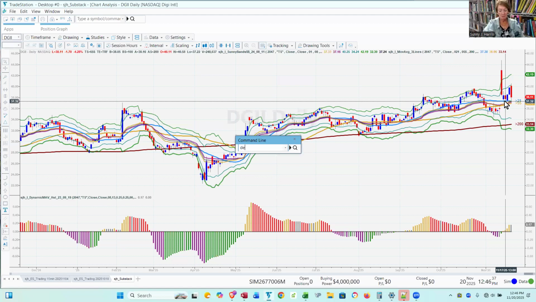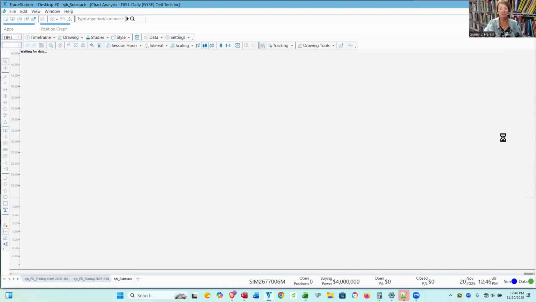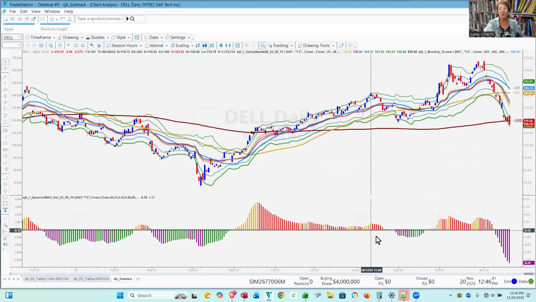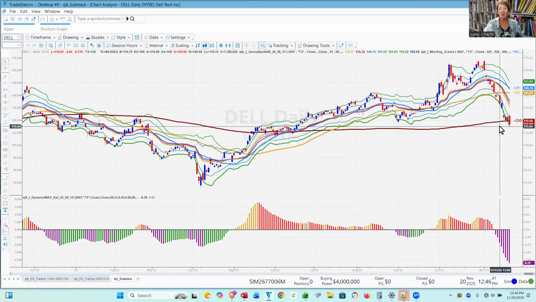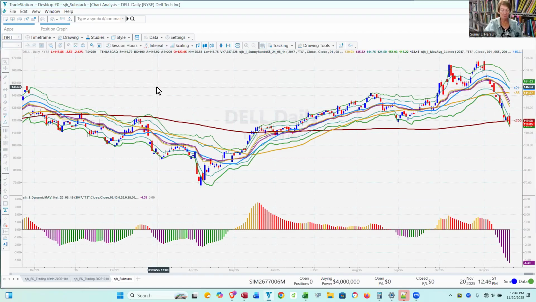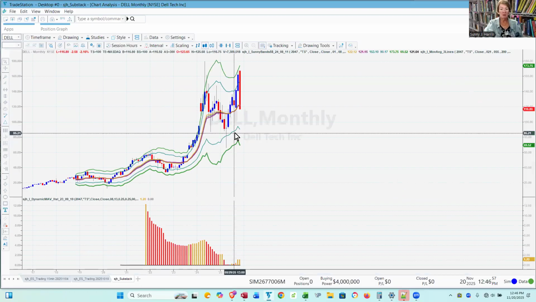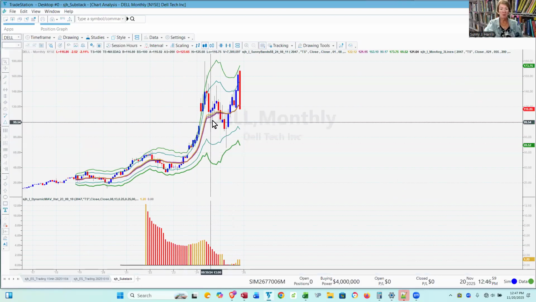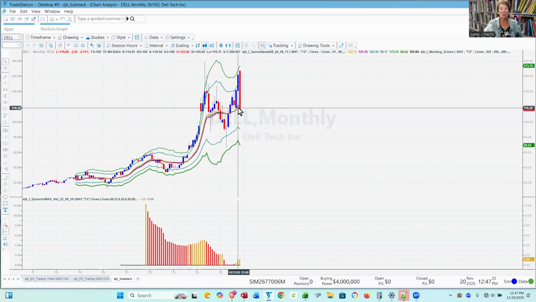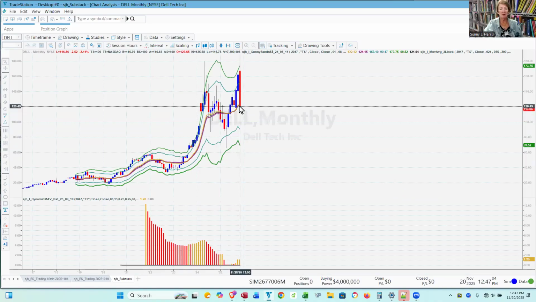Let's look at Dell. Oh my, it's below the 200 moving average now. This is the daily chart. So it's below there. Let's see what it looks like on a monthly chart. Okay, so we've got up, up, up, sideways, up, and it hits it.